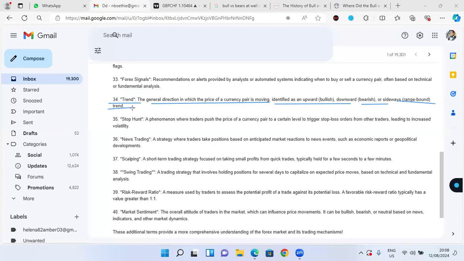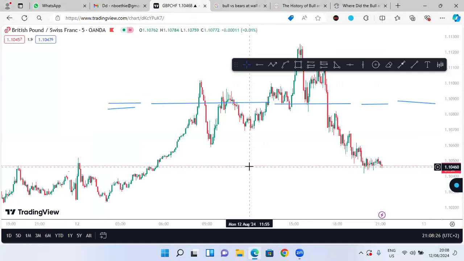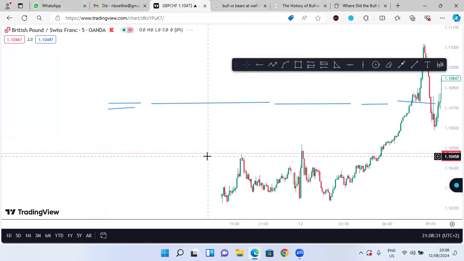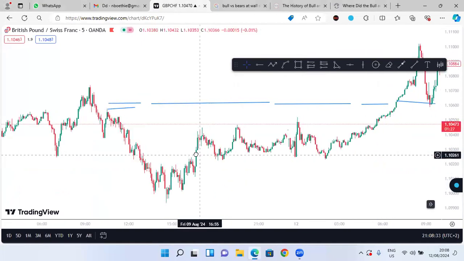And then we have stop-loss hunt. Stop-loss hunt is mostly when you sell, for example. Let's say if you are to sell here. Where can I give you a clear example of stop-loss hunt?